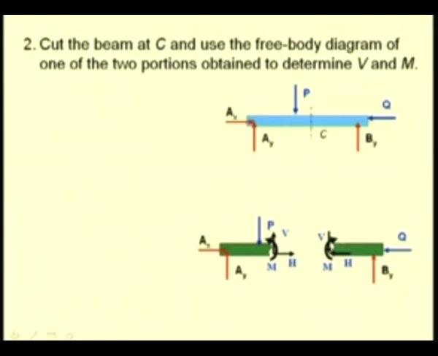In the other free body diagram, that of the portion CB, these forces are equal but of opposite sense. Like here V is vertically upward, and in the other free body diagram it is vertically downward.